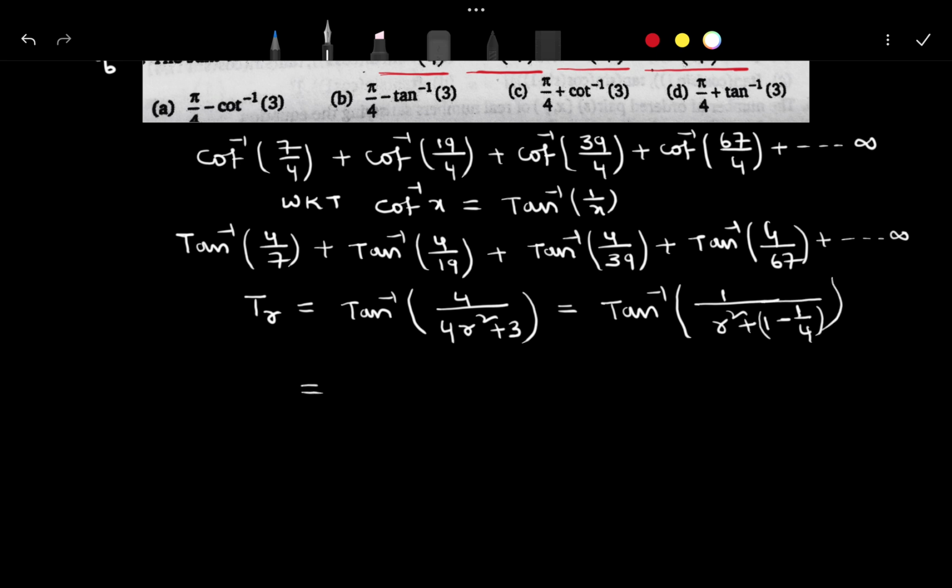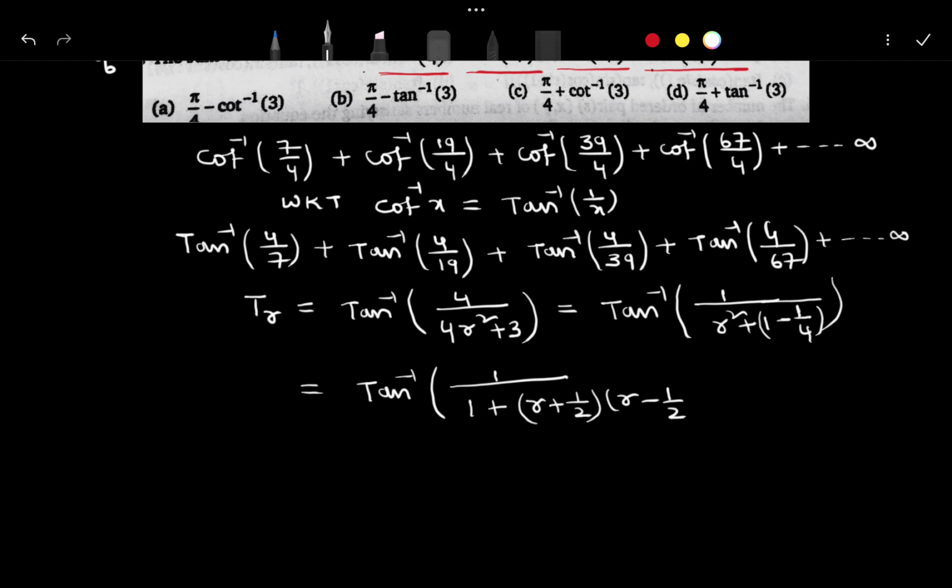So that is equal to tan inverse of 1 by 1 plus r square minus 1 by 4, taking r square minus 1 by 4 as one term. Then you can write it as r plus 1 by 2 into r minus 1 by 2.